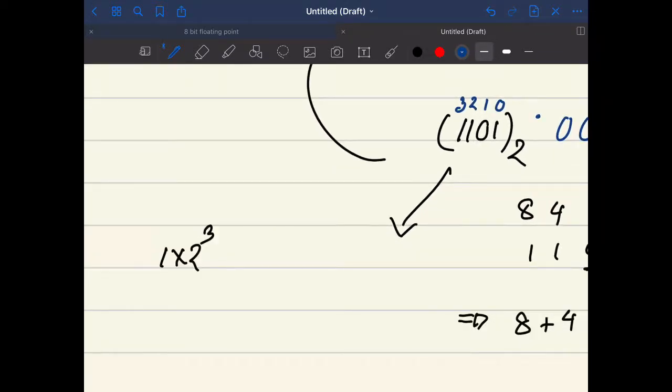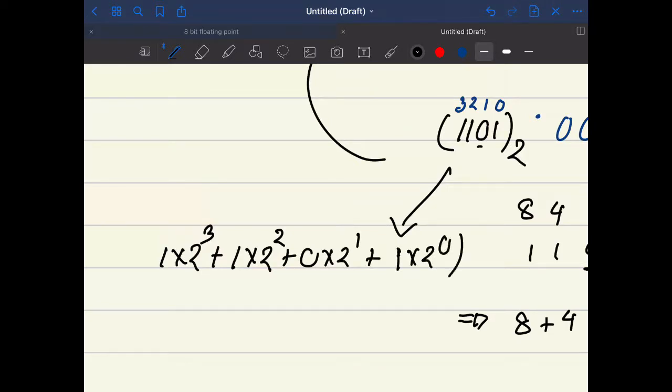Now to represent that, we have 1 into 2 to the power 3 plus 1 into 2 to the power 2 plus 0, because we have 0 here, into 2 to the power 1 plus 1 into 2 to the power 0.